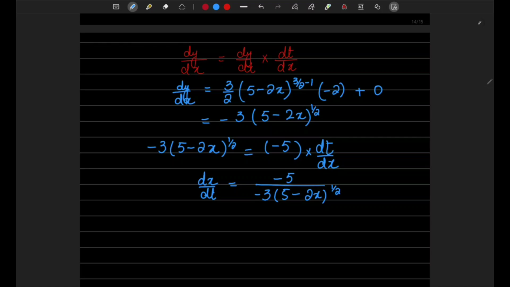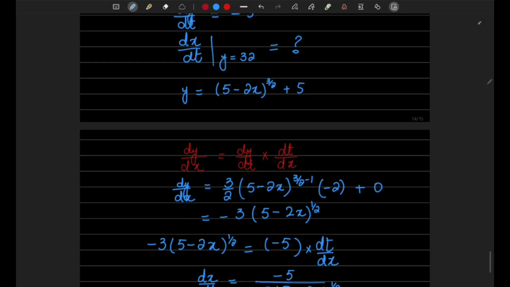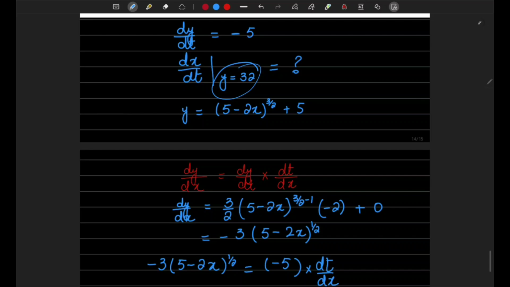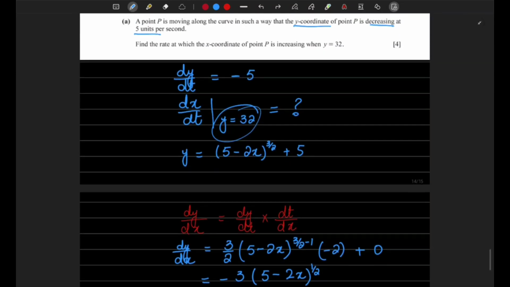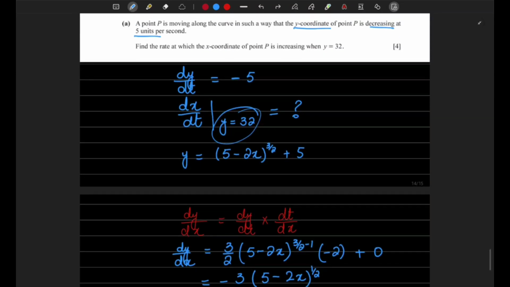Now the thing is, they have given you that find dx over dt when y equals 32. They haven't given you any x value, but we need an x value here. So what to do? First find the x value for this y equals 32.